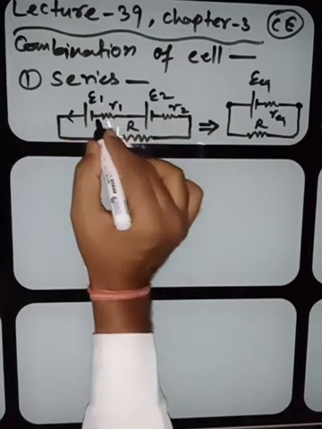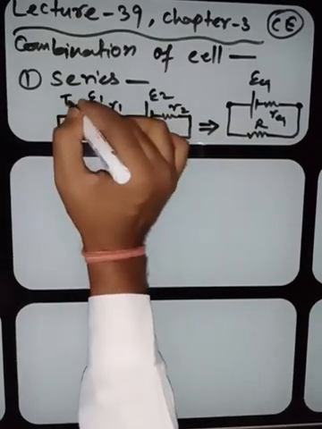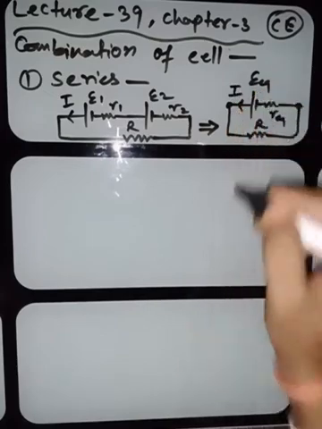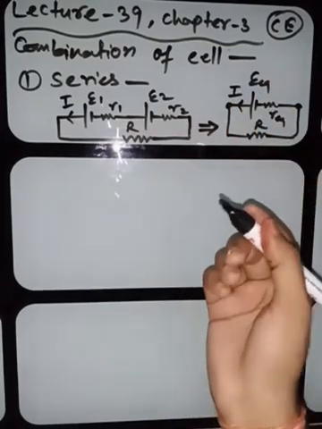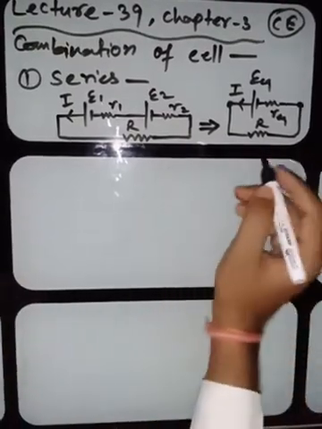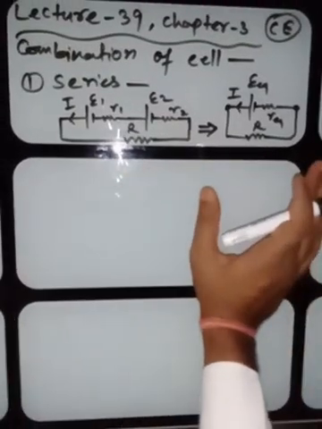Suppose both are connected in series, what will be the current? The current will be the same. Here it is I, which means the equivalent will also carry the current I. I'm sure there is no confusion.